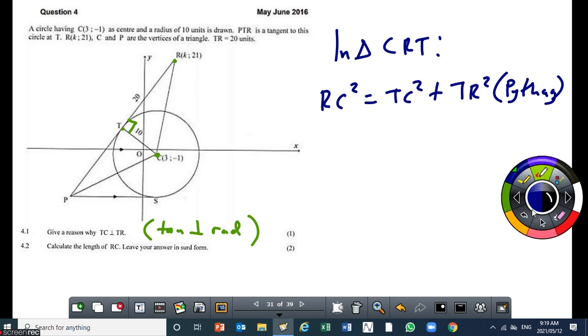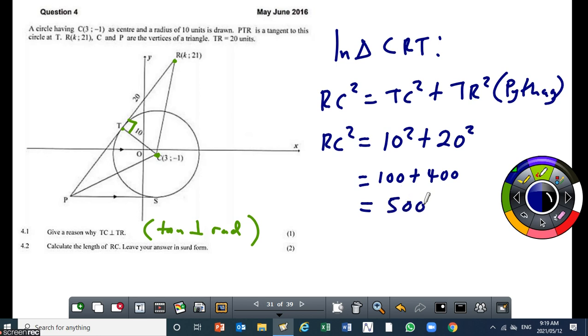Since this is analytical geometry, there might not be a mark for the reason for the theorem of Pythagoras, or it can be combined with the statement. With our RC squared, our TC is 10 units, and TR is 20. So you get 100 plus 400, and that will give you 500.